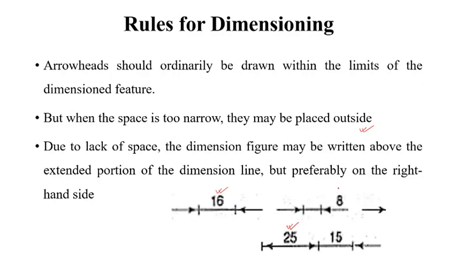If the space is very little to provide the dimension figure on top of the dimension line, this dimension figure should always be placed on the right hand side of the dimension line. Clear?